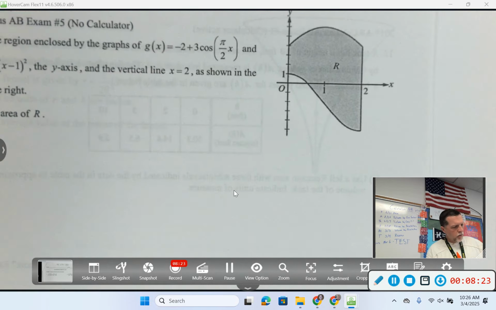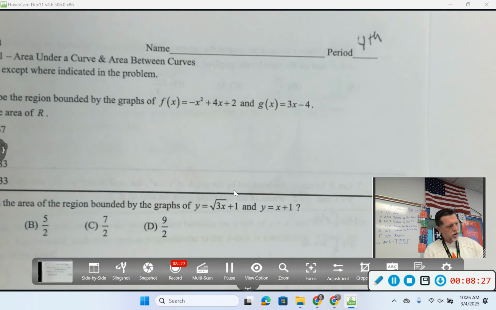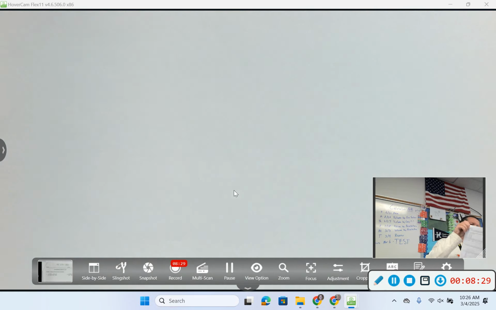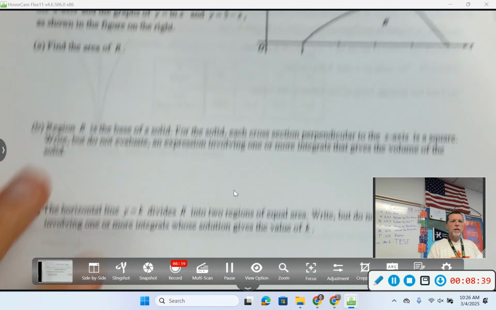Right, the other one that I wanted to work is number 14. Number 14.